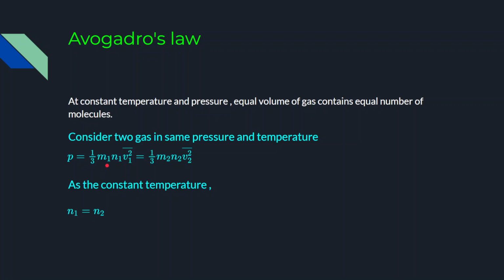Now look at the m and v terms. Both are in that structure, from which we can find kinetic energy. The 1/3 will cancel out. The pressure is equal, and we also know the temperature is constant. So for constant temperature, the kinetic energy will also be constant. So n1 is equal to n2. That is the statement of Avogadro's law.